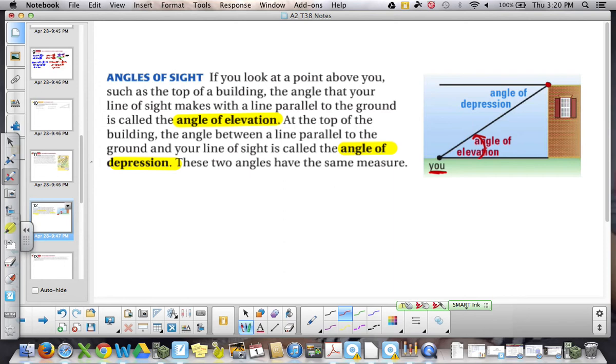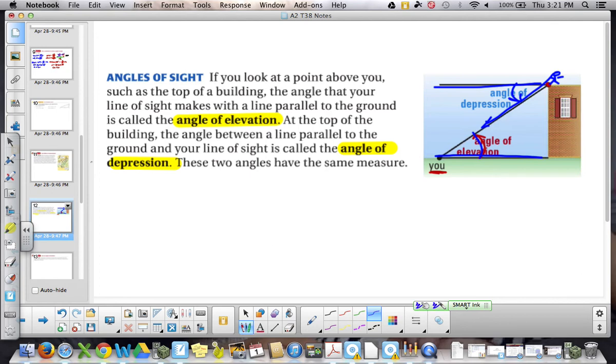Whereas if you're standing up here and you're looking down, then this is your angle of depression. So angle of depression looks down from a horizontal. Angle of elevation looks up from a horizontal.